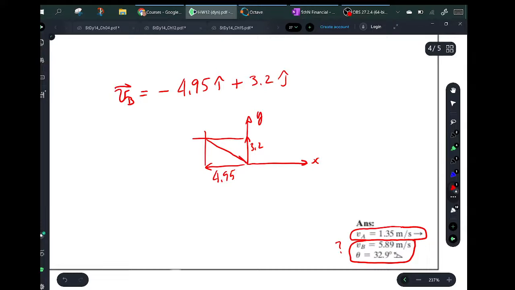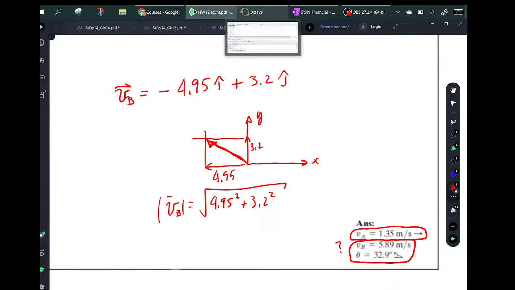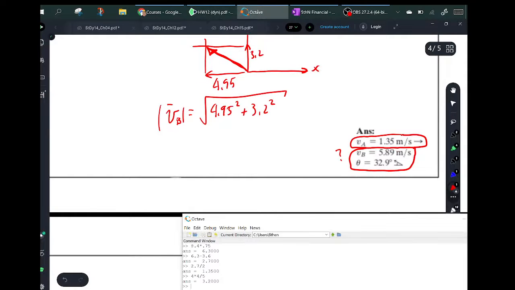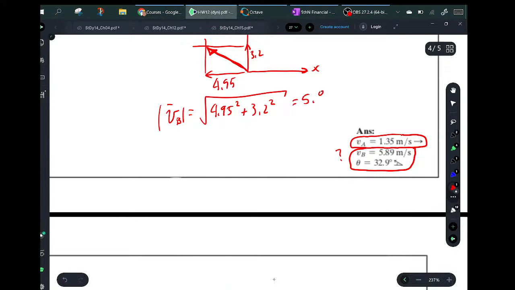So here's your velocity vector. That velocity vector's magnitude would be the square root of 4.95 squared plus 3.2 squared. We have our handy dandy square root of 4.95 squared plus 3.2 squared. 5.89, or was it 9.8?